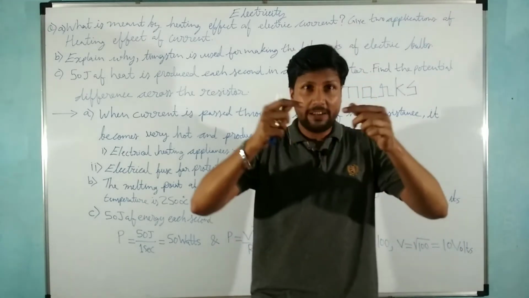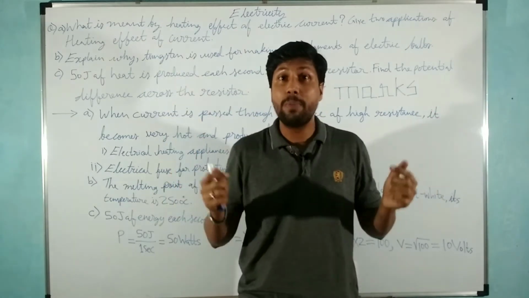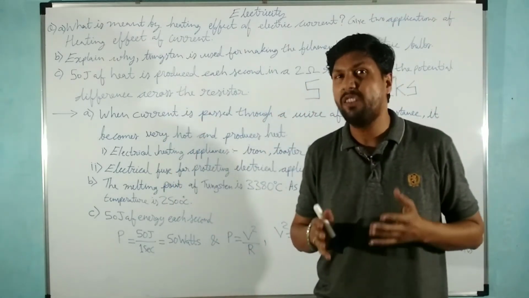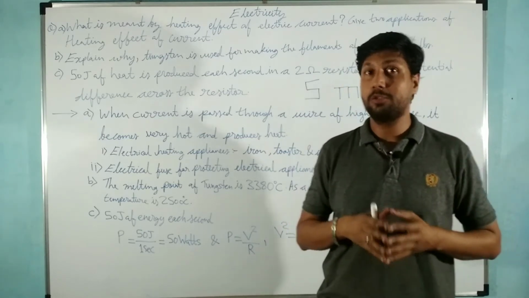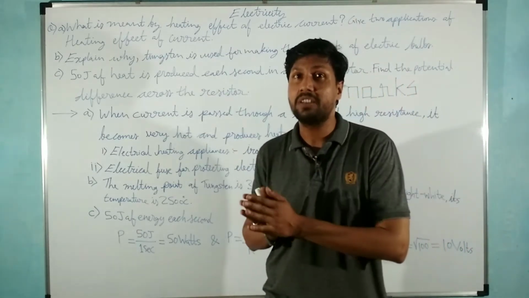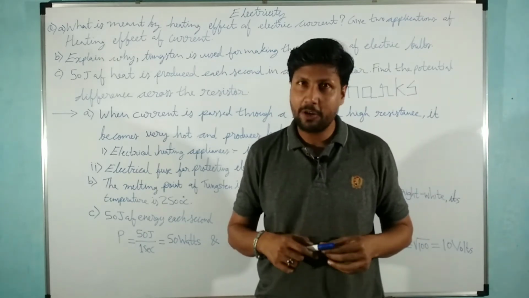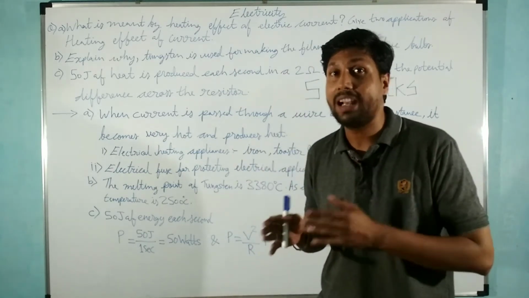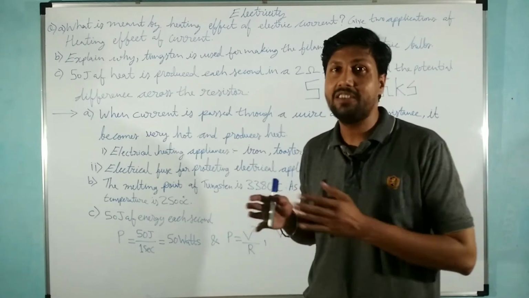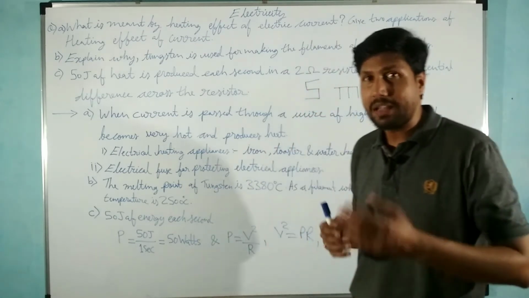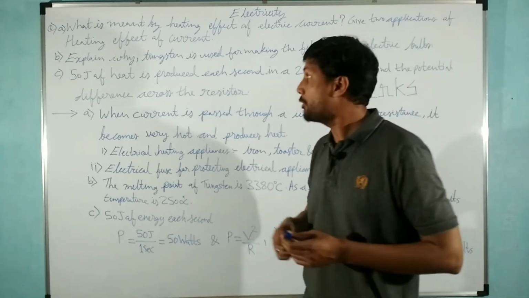When that filament glows bright white, its temperature goes to around 2500 degrees Celsius. So these are the special properties of tungsten which make it suitable for the filament of an incandescent bulb. That is the yellow bulb that is cheaper in cost and generally used. Okay. So that's the second part. Now let's go to the numerical part.